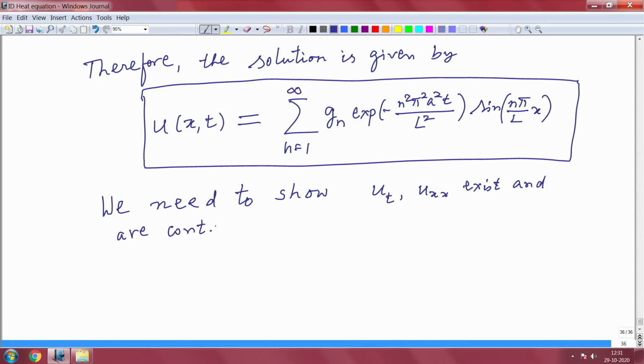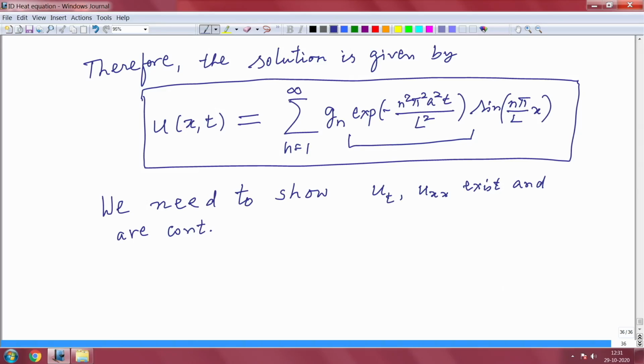When u is given by this infinite series, the only way to check for the existence of these derivatives is again to rely on term by term differentiation, and in this case this exponential term saves us.